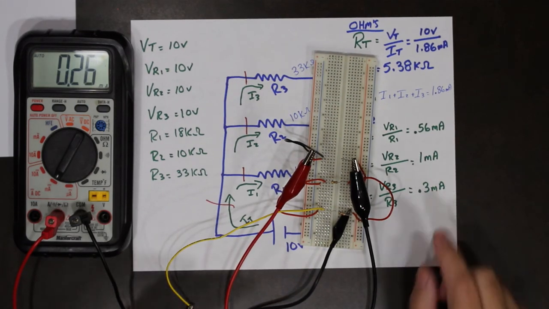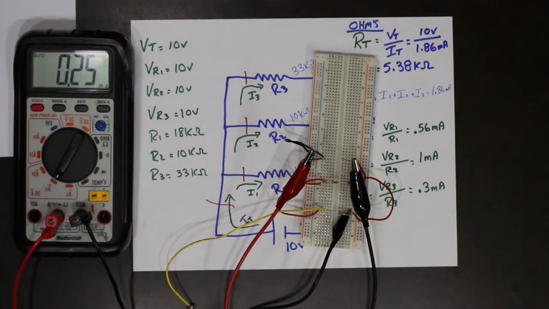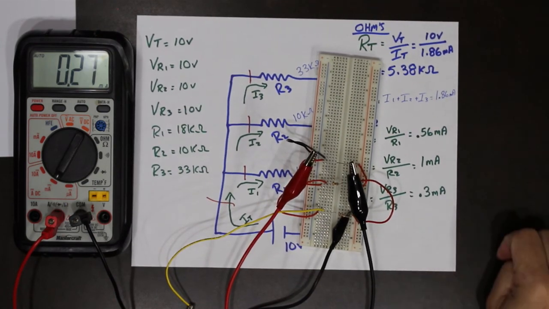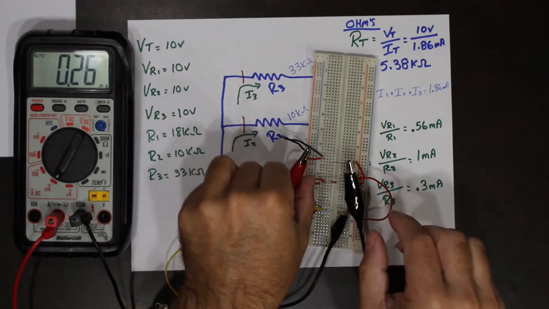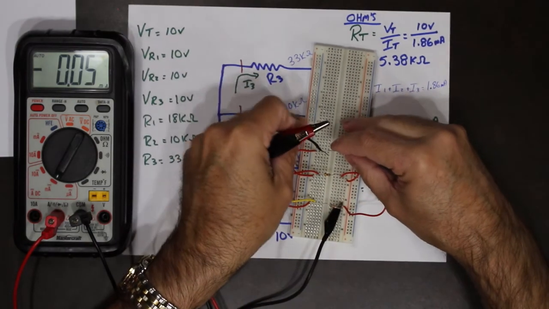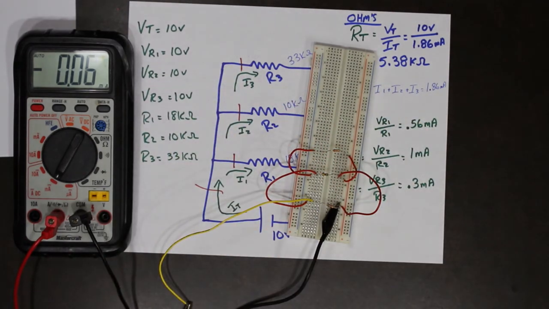Again, with the inaccuracy of my meter and so forth, these values are all coming up very, very close to what you would calculate them to be. So now I'm going to go back and put this in here, and there I've got my circuit back in place.